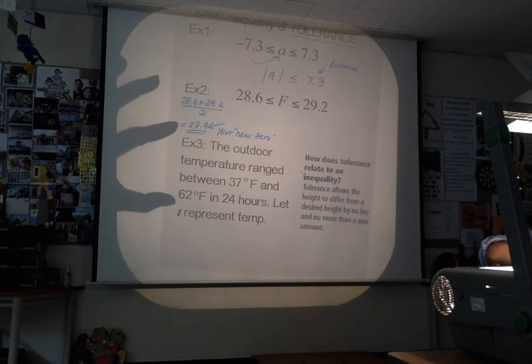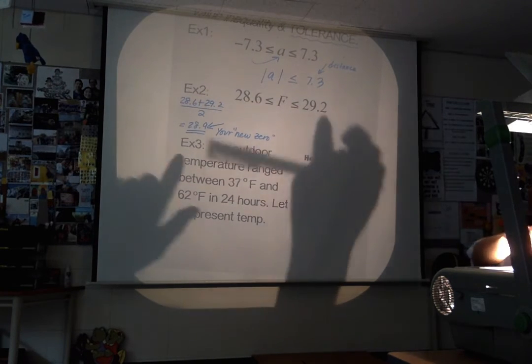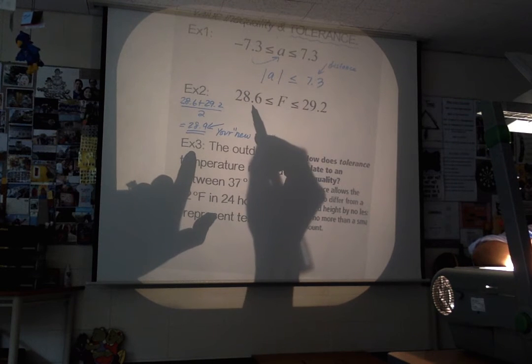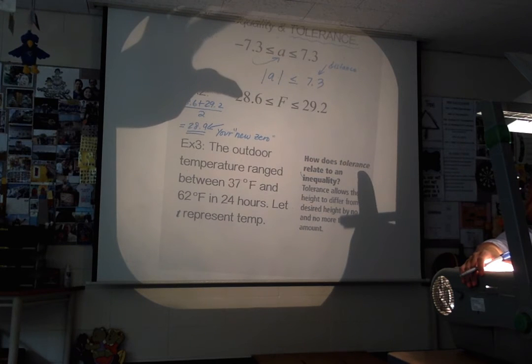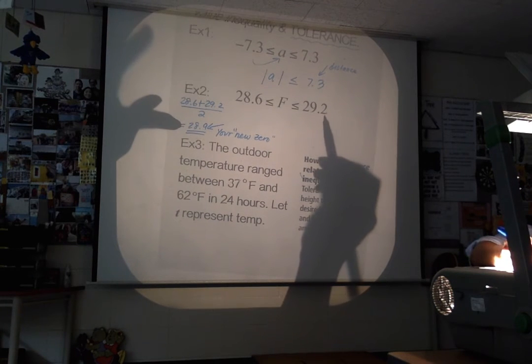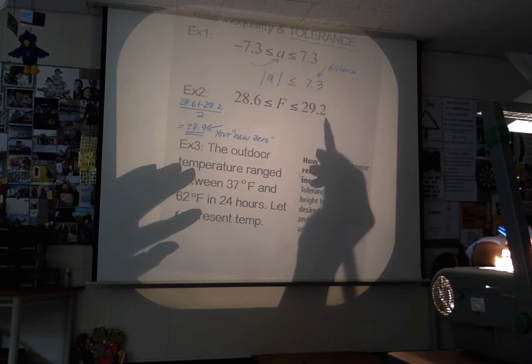What do we mean by that? How far is it from this guy and this guy? 28.9, isn't it 0.3 away from this guy? And isn't it 0.3 away from 29.2? So, let's think about this, okay?